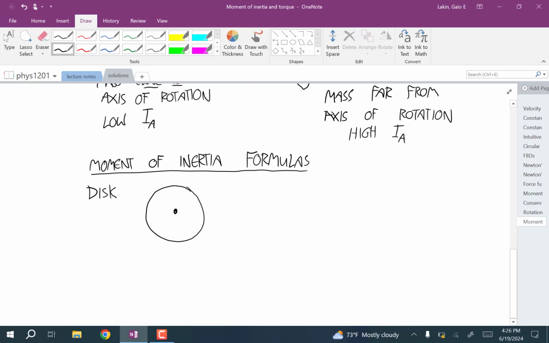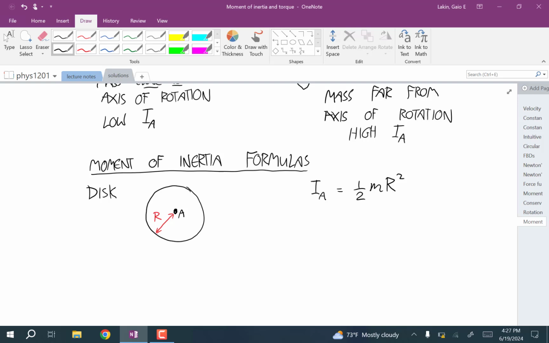And if the axis of rotation of the disk is at the center of the disk, then the moment of inertia is 1/2 times the mass of the disk times the radius squared for the disk. So this is R, the mass is M.